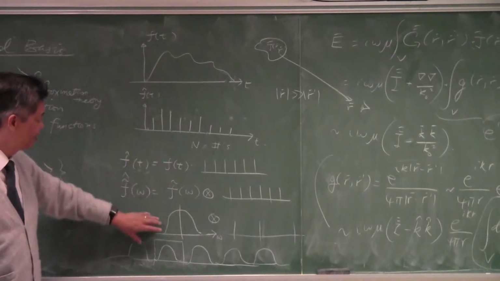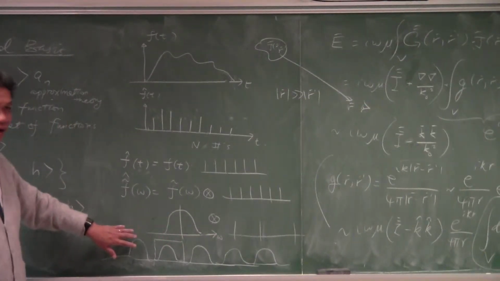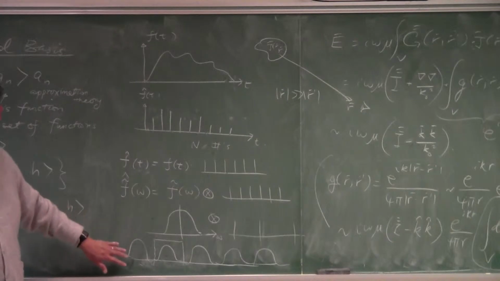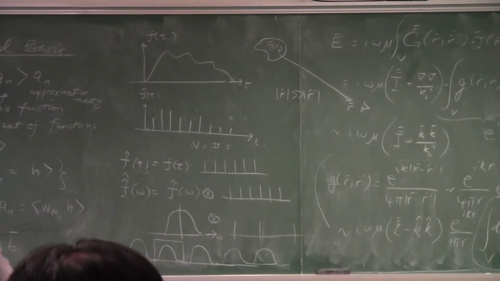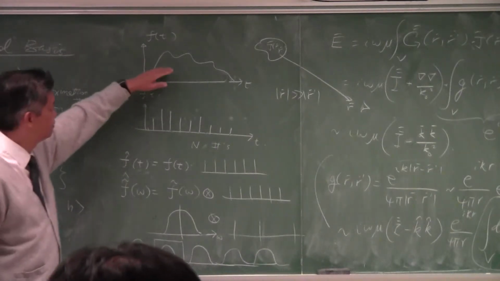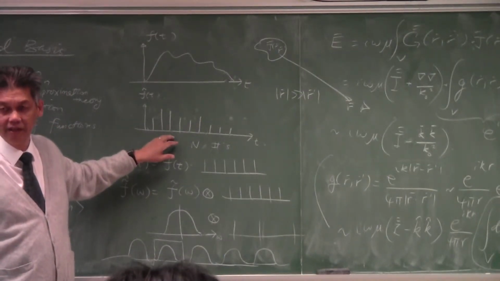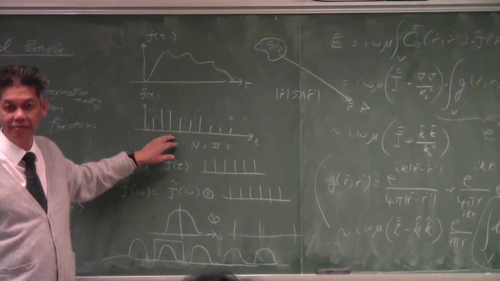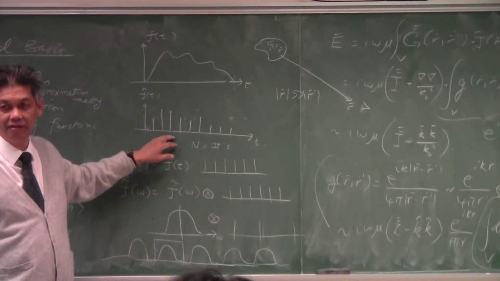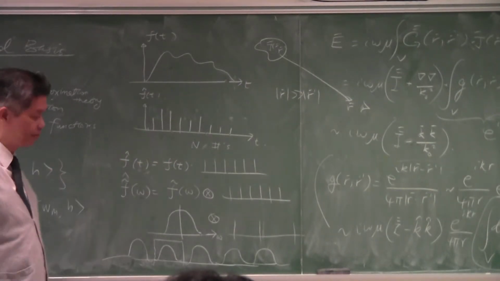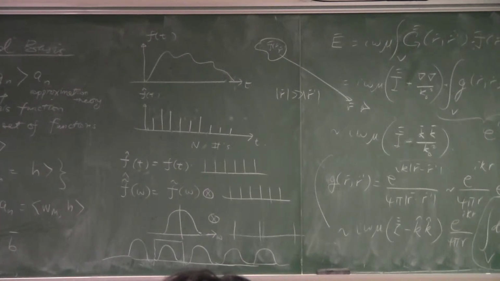Aliasing gives rise to only exponentially small error, which means that you can go from here to here incurring exponentially small errors. So this is just an example of approximation theory, where things can be replaced with a finite set of numbers, and yet the error is exponentially small.